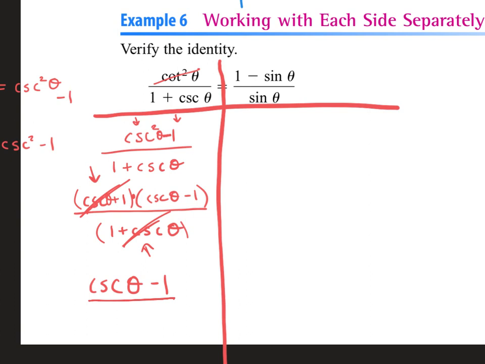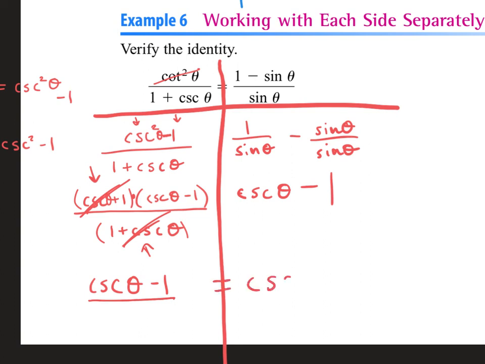Since we only have one term on the bottom, we can split this up. So we have 1 over sine theta minus sine theta over sine theta. 1 over sine theta changes to cosecant theta, and then sine over sine simplifies to 1. So we have cosecant minus 1 and cosecant minus 1.